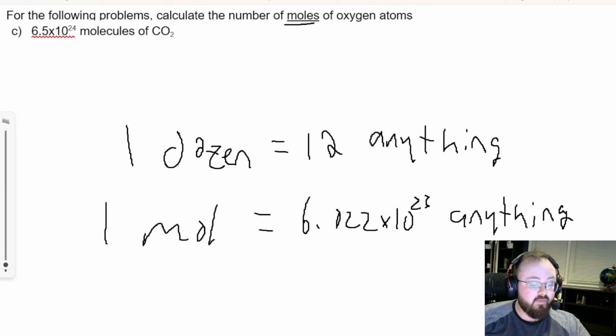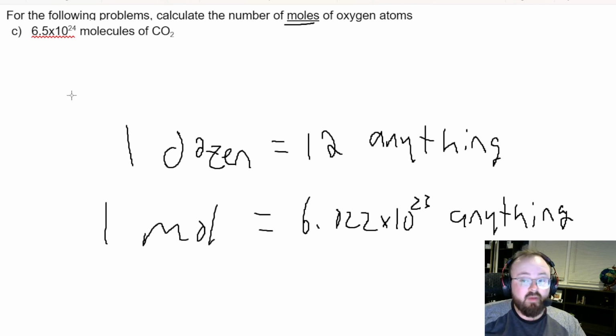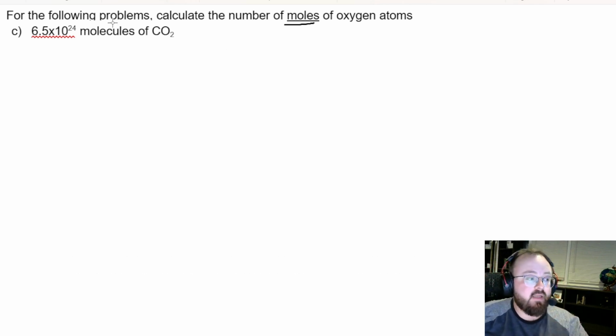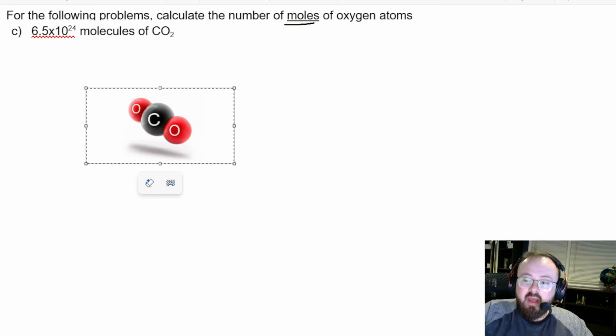And there's a few things that we just need to talk about before we get to that. The first thing that we need to get to is this idea where we have a molecule versus an atom. That is going to help us understand what we are talking about. So here we have one molecule of carbon dioxide. It has one atom of carbon and two atoms of oxygen.